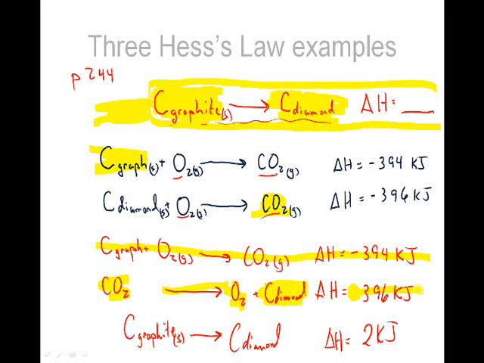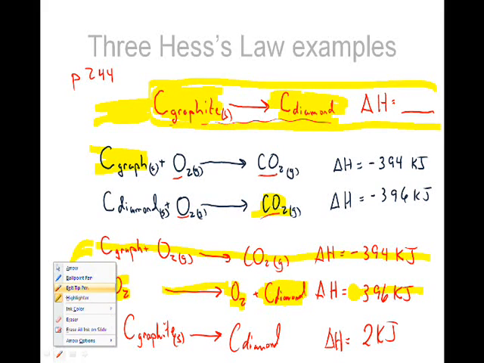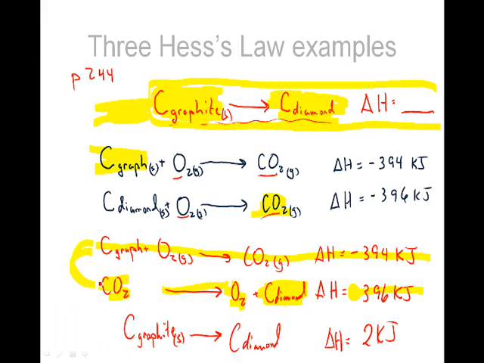So now I'm going to add these two reactions that I've rewritten here in red. I'm going to add those reactions together the same way we've added reactions together in the past. We're going to just bring down all the reactants and products that don't cancel out. So here you'll notice CO2, and that, by the way, is CO2 in the form of gas. Those are in the same form, so they can cancel out.